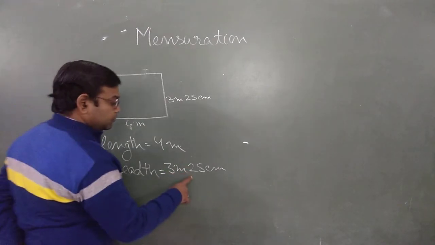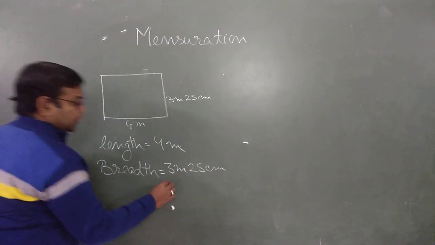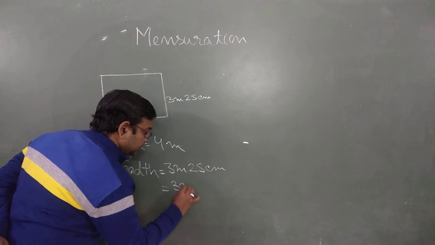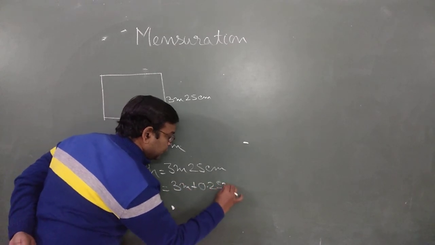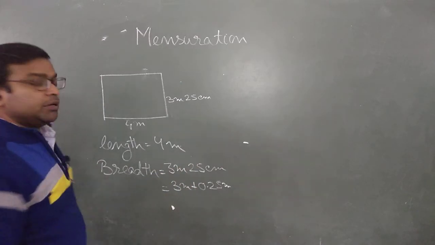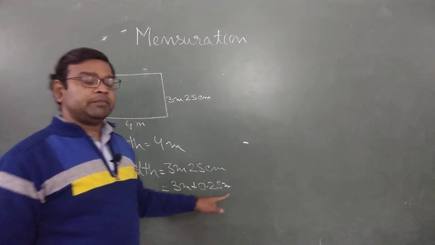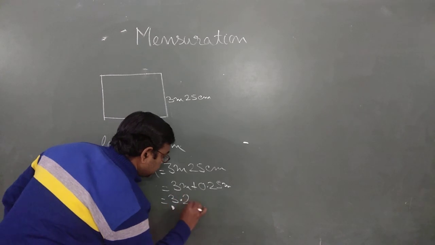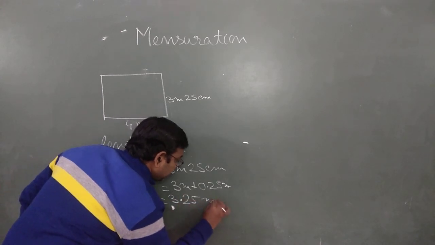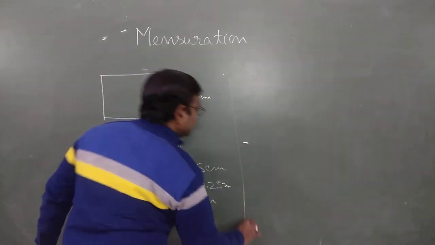In this case we have to convert into meter. So as we know, 3 meter plus 0.25 meter, when we divide 25 centimeter by 100, it's 0.25 meter. So ultimately we have 3.25 meter.